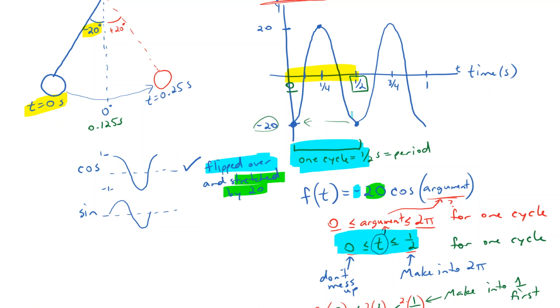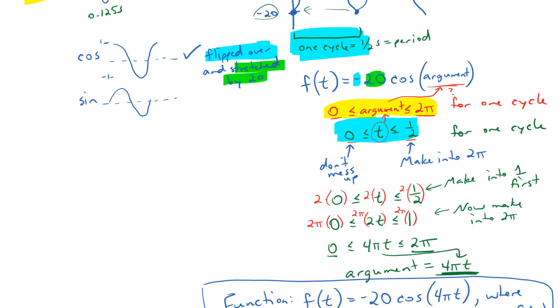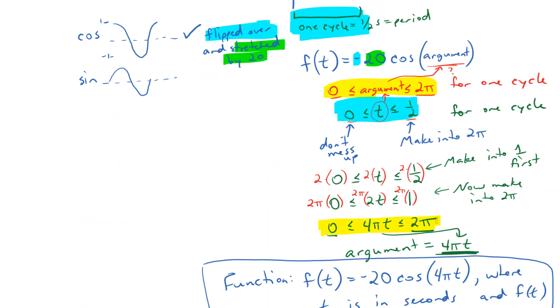So in this case it was from 0 to 1/2, and then you have to transform that into a statement that goes between 0 and 2 pi, which is what we got down here. And so once I've got 0 and 2 pi as my outer limits, I know that the middle expression represents the argument of the trig function.